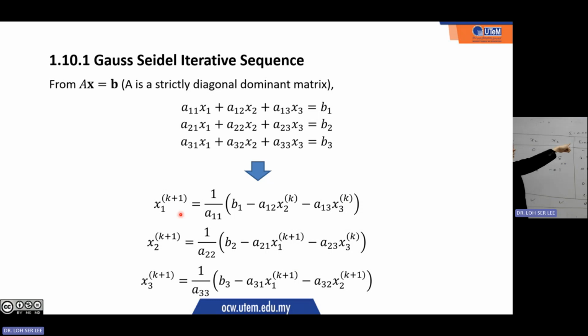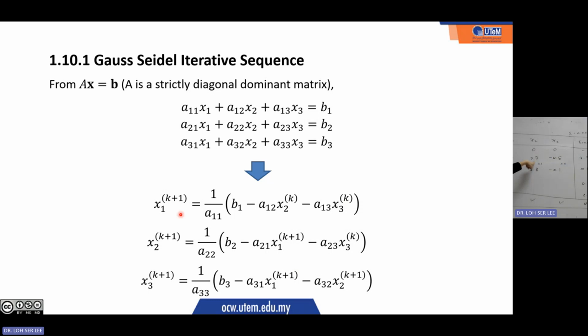So now we are computing for x1 k plus 1, right? Let's say we want to find this x1 k plus 1. If you look at the formula, x2 and x3 are from k, that means from the upper row, from these two. For x2, this is k plus 1: your x1 is from k plus 1, and x3 is from k.